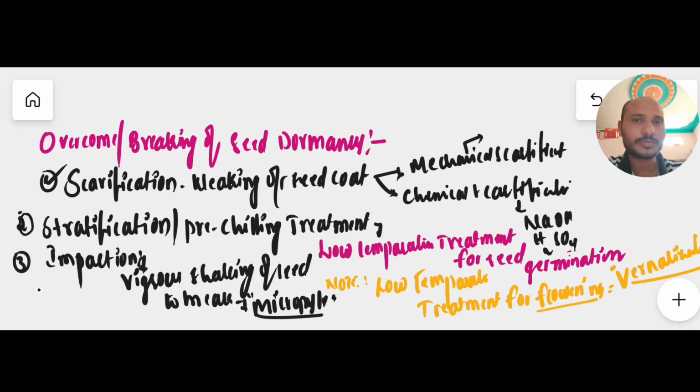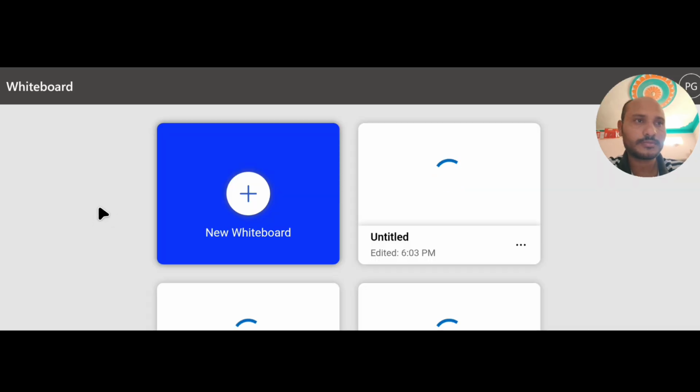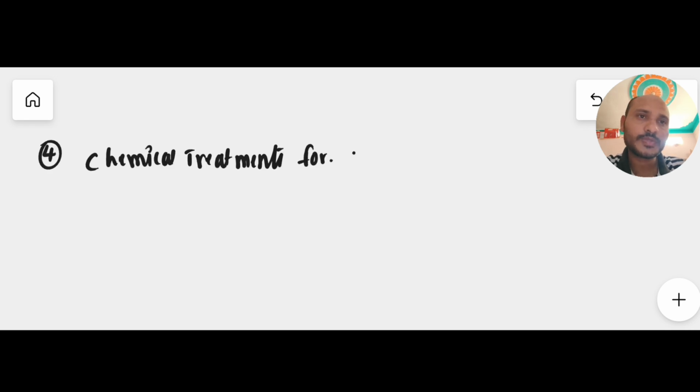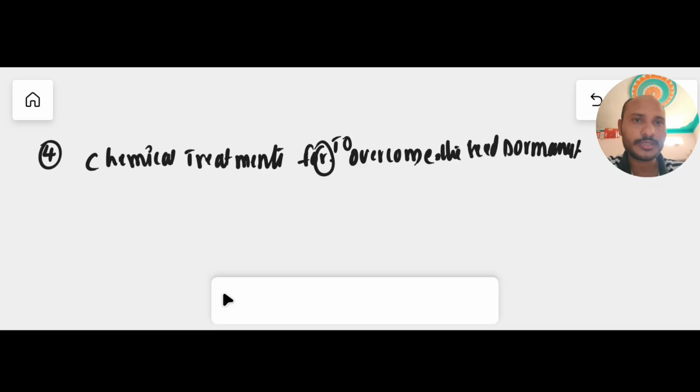Now the fourth and last important method to overcome or break the seed dormancy is chemical treatment. Here we use a few chemicals like gibberellic acid, very important.